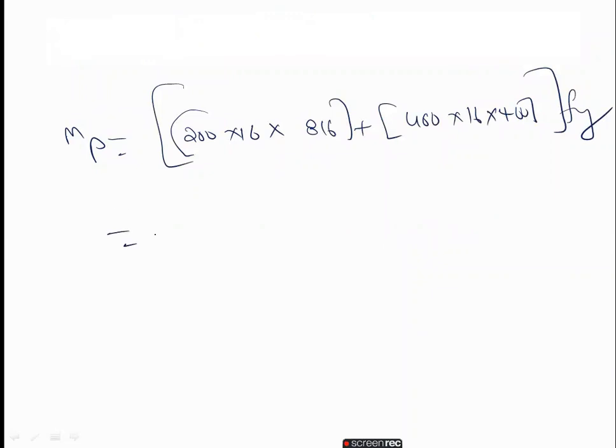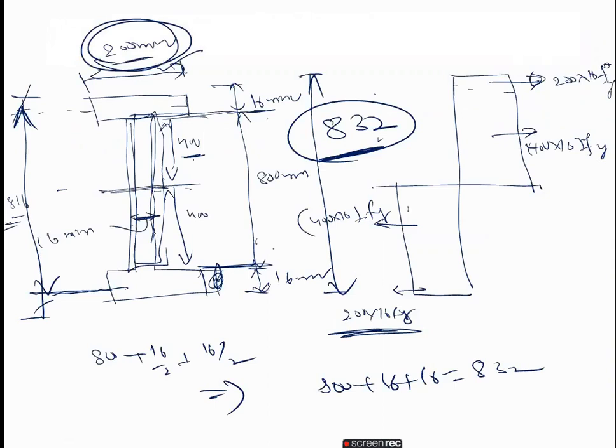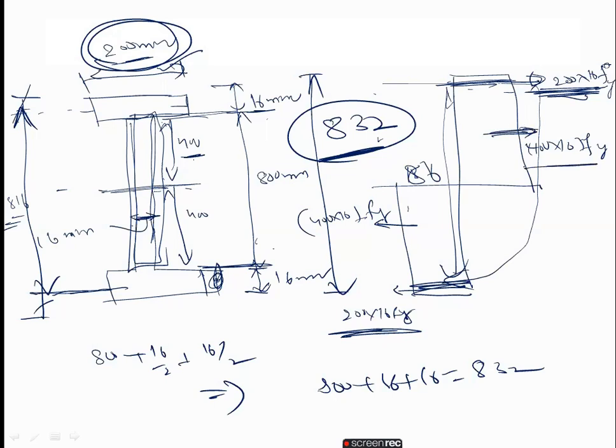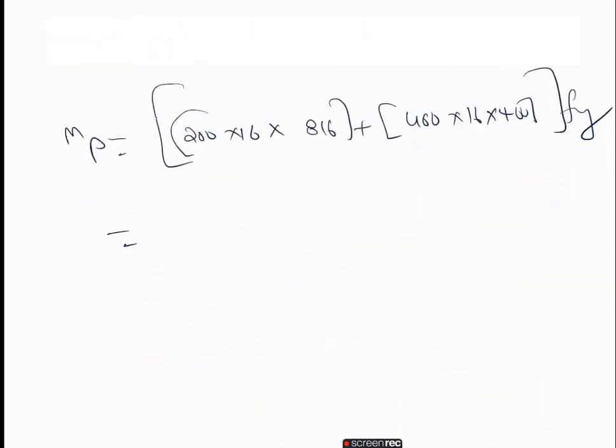Moment is the area taken here times the distance. From the top portion I take 200 into 16 into Fy, and the distance up to the neutral axis is 816, because it is half of this portion. Next, the load in the web is 400 into 16 into Fy, multiplied with half of this portion, that is 800 by 2. So you will get the Mp value like this.